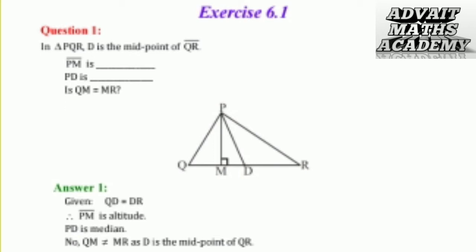Given QD and DR are equal. PM is an altitude and PD is a median. No, QM is not equal to MR because D is the midpoint of QR.